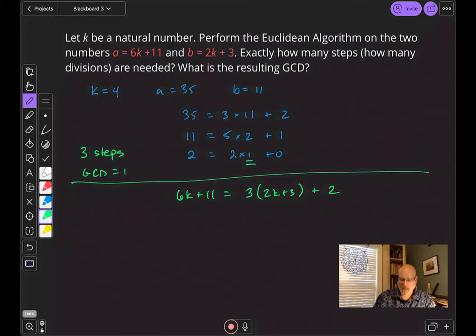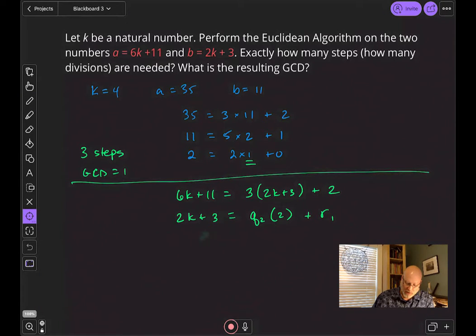Again I'll bring my former divisor 2k plus 3 over, and we'll put this on this side, and same process, q2. This time we bring the 2 over plus the remainder.